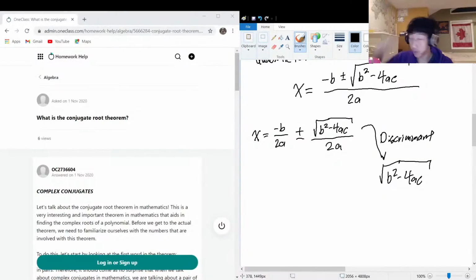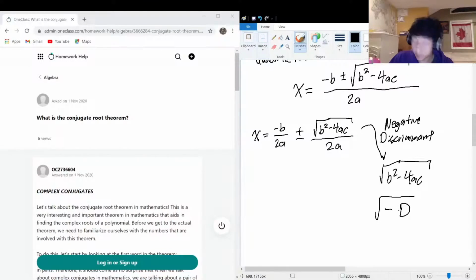But we'll have two complex conjugate roots if we have a discriminant less than 0, or negative. We'll have negative something. Let's just say that negative something is negative d under the root.